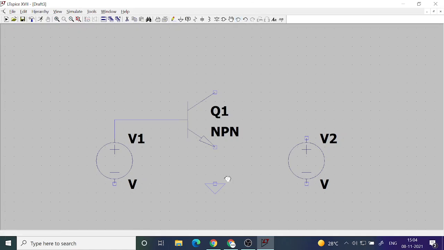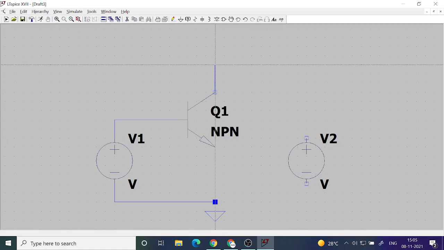Let me shift the ground a little more down. So I am going to bias one of the junctions like this. Depending upon what voltage I give to V1, it will decide whether I am forward biasing or reverse biasing.